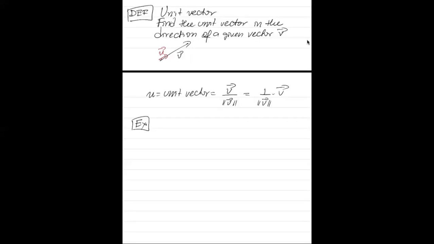Find a unit vector in the direction of v, and v is given with components -2, 5.